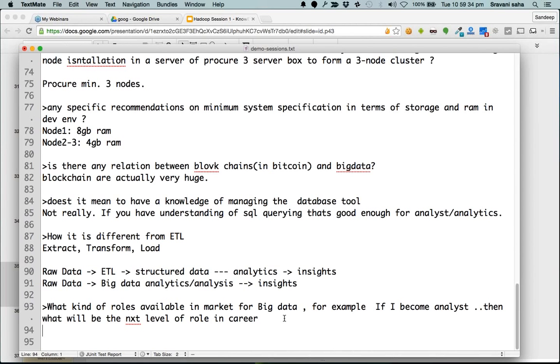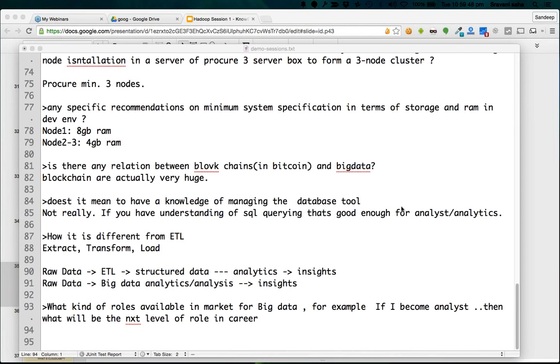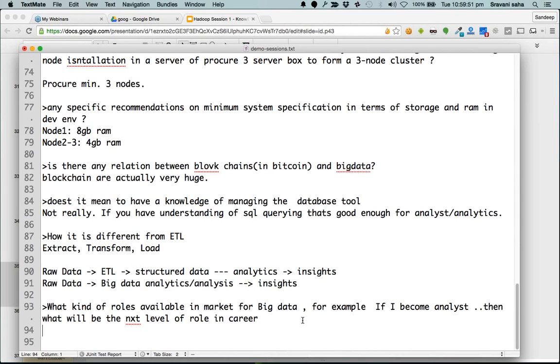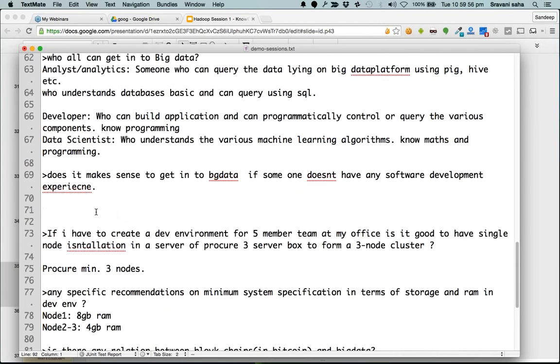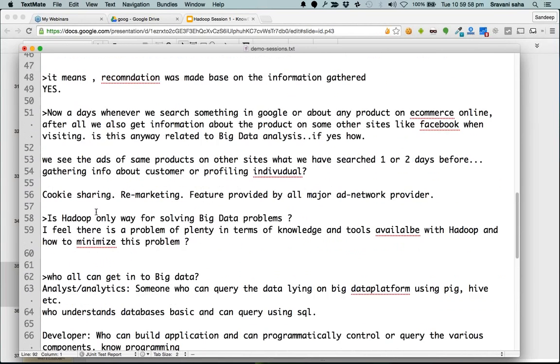This hierarchy will be up to the organization.